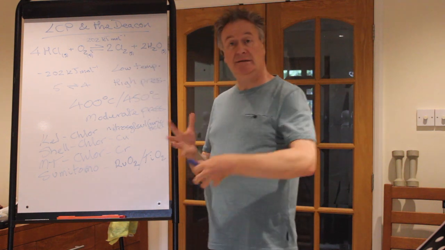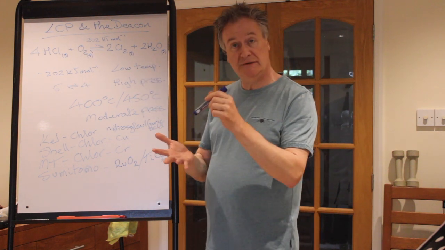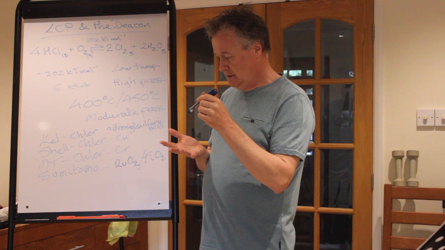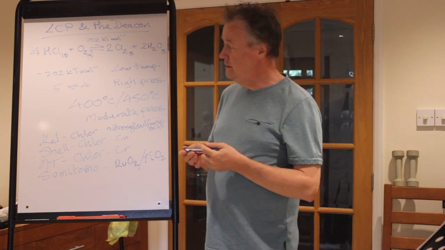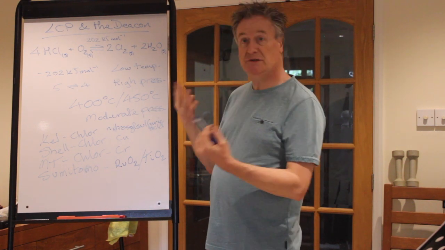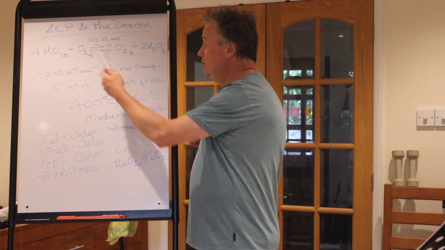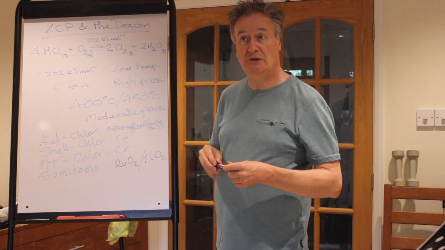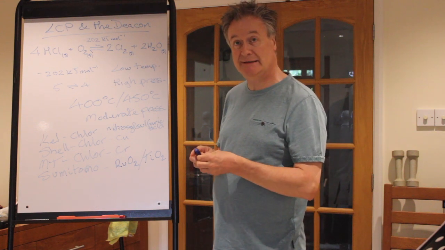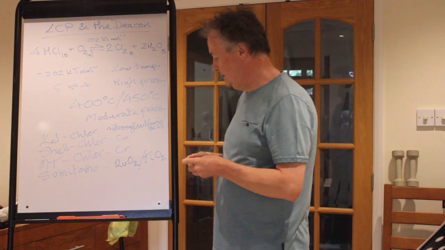Apply the same idea, like I said, to contact process, Haber process, and so it's Le Chatelier's principle. Deacon process is a particular reaction born of a particular set of legal circumstances in the mid to late 1800s.